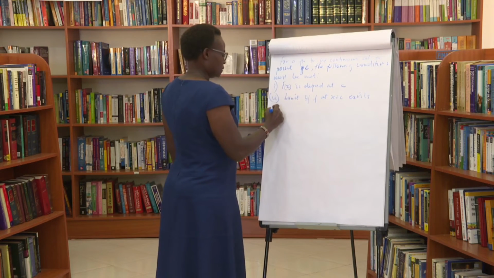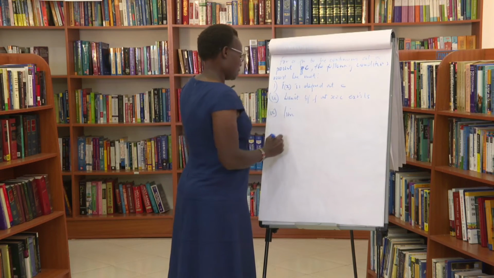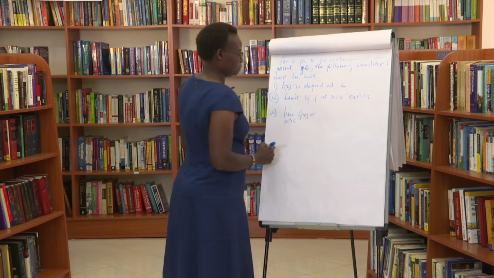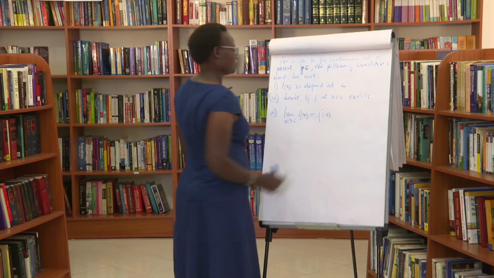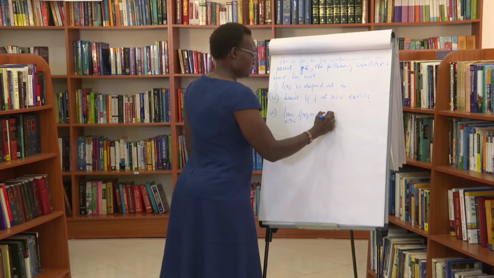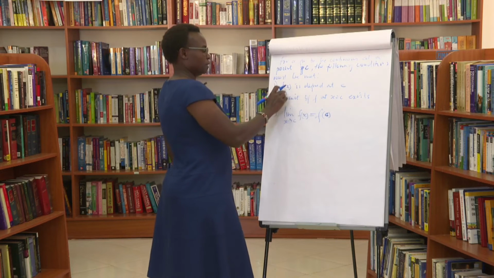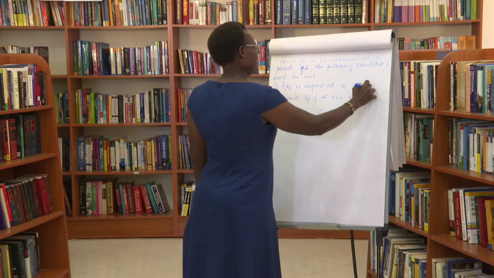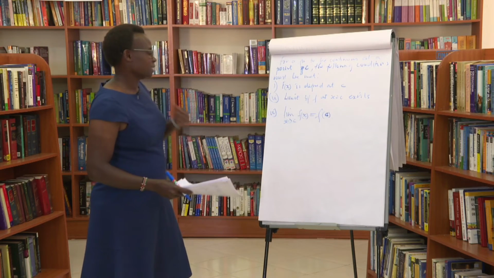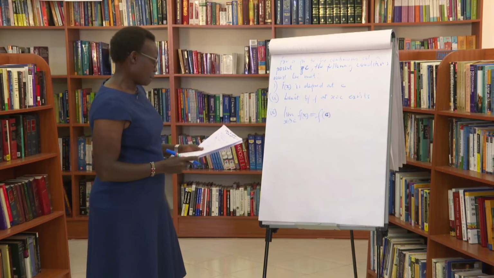And then the third one, this limit as x tends towards C of f of x should be equal to f of C, not f of A, it should be f of C. So f of x is defined at C, which implies f of C is in existence. The limit of f at x exists. And then the third one, these two should be the same.